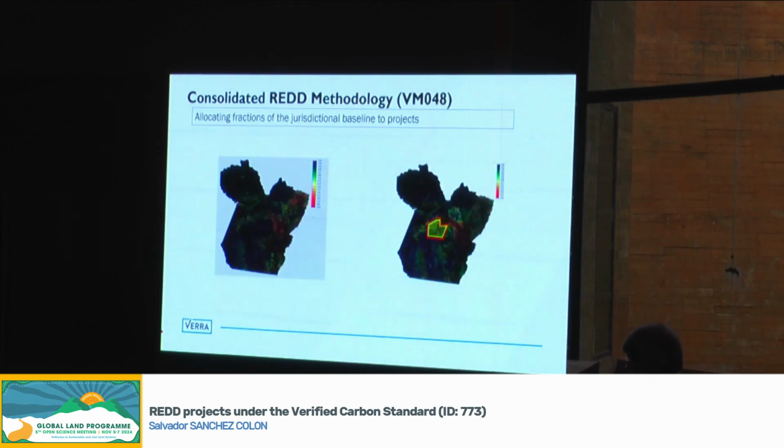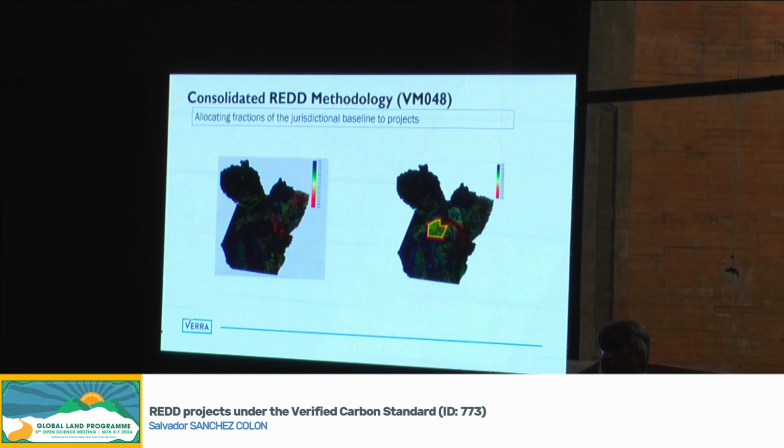Finally, using those two pieces, we allocate fractions of the jurisdictional deforestation baseline to projects that are going to be implemented within the jurisdiction. And that is also a pretty complicated step, because there are many different ways in which this allocation can proceed. The first one, the simplest case, is allocation in a very direct, simple, proportional manner.